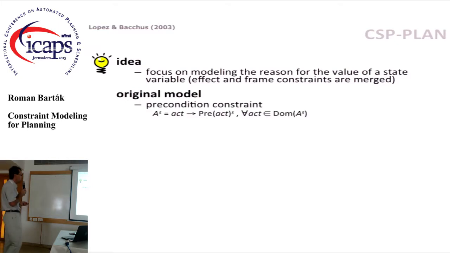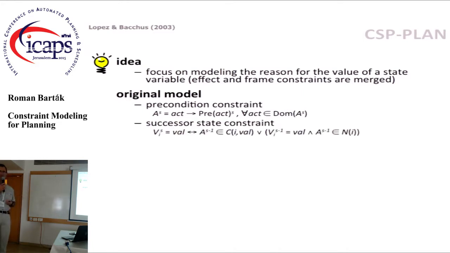So in the original model, they keep the description of precondition as before. If the action is selected, the precondition must be true, but they combine the effect and frame constraints into a successor state constraint, which basically says a value of a given state variable will be some specific value val if and only if there is an action which is setting this variable I to value val, or the variable I in the previous layer was equal to this value val, and the selected action is not modifying the variable I, right?